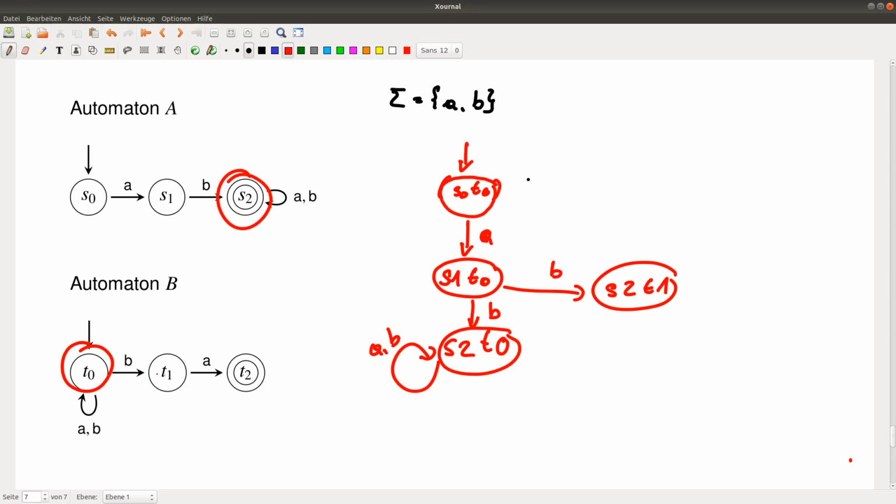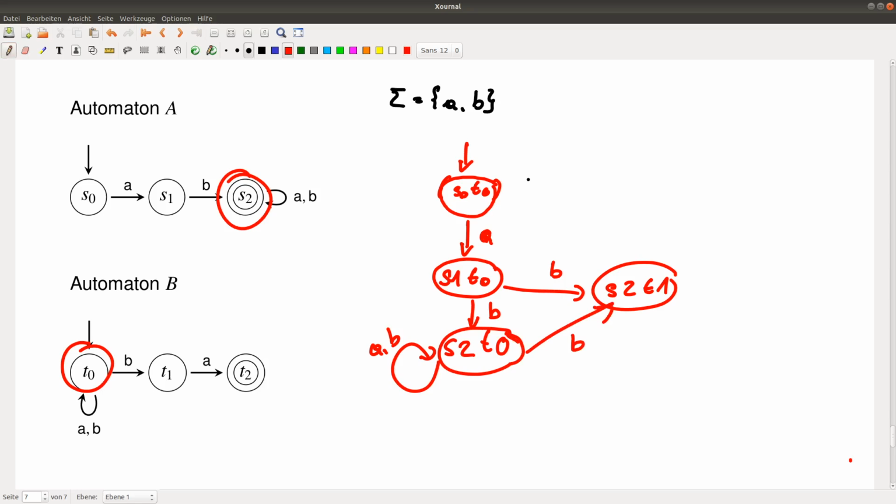But we can also do a B, and this extra B brings us to state S2 T1. But now we are done with the state S2 T0. What is the next state we're handling? I overlooked that I already have this S2 T1 here, so I quickly erase it, and I can draw the B edge to the state here.